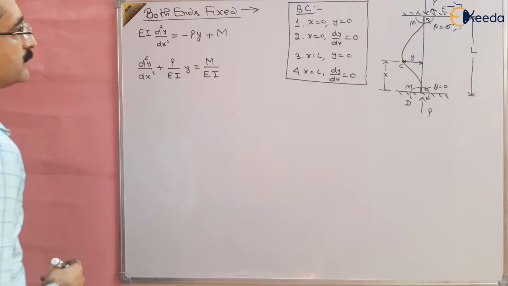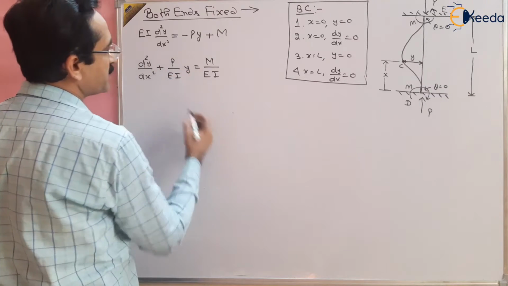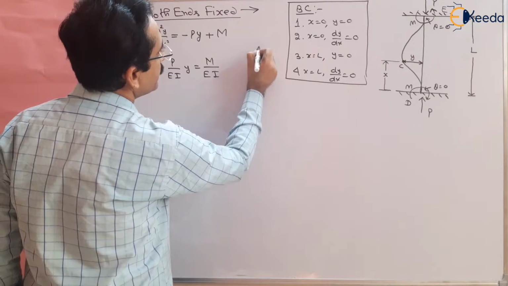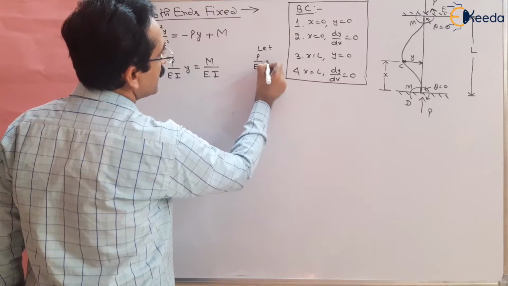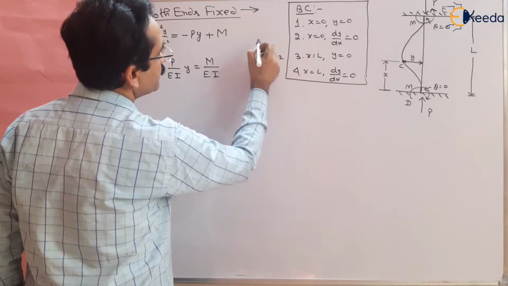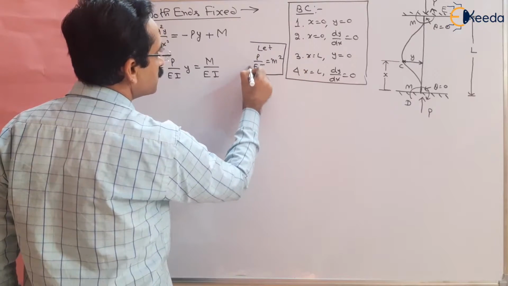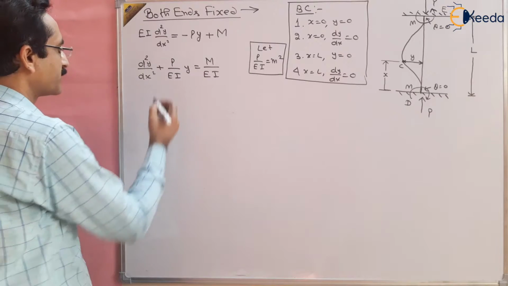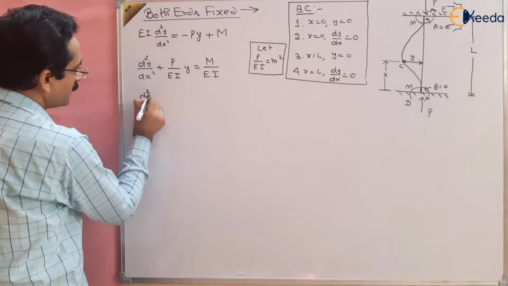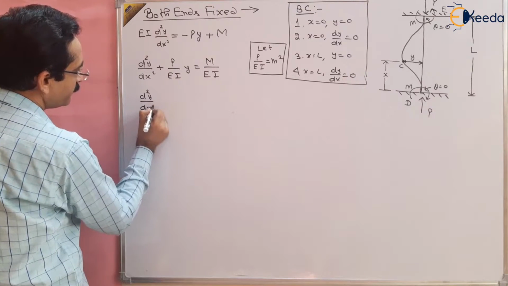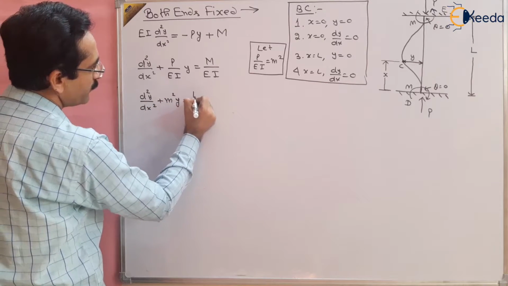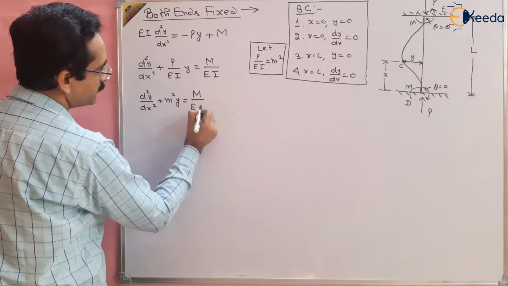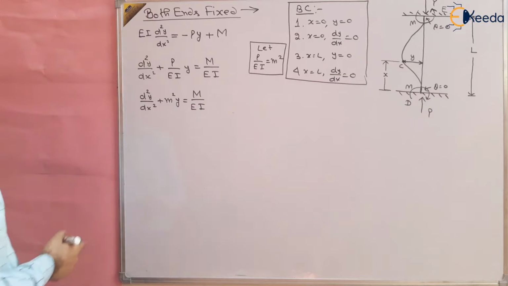Let us assume that P by EI is m square. So d2y by dx square plus m square y equals M by EI, isn't it?